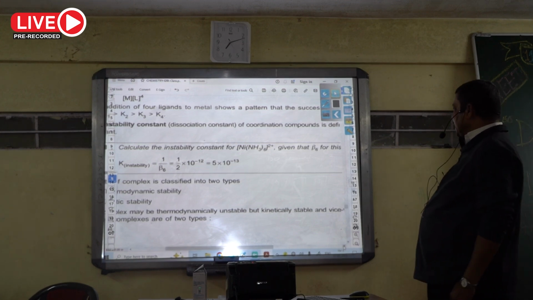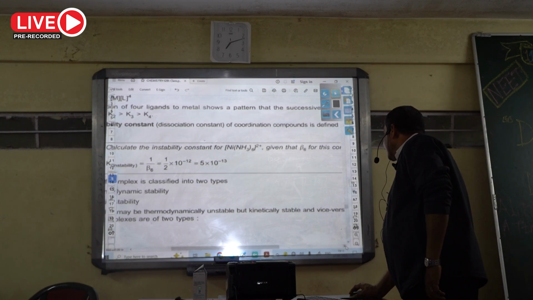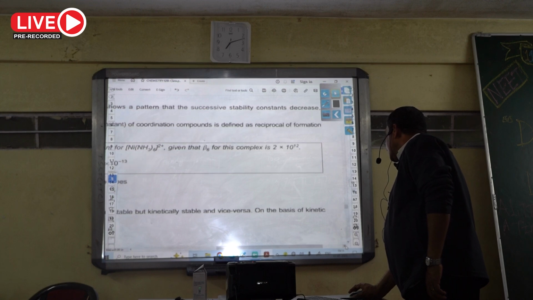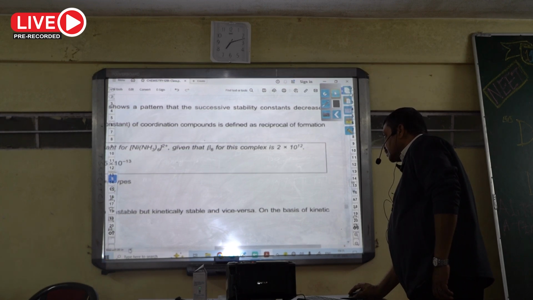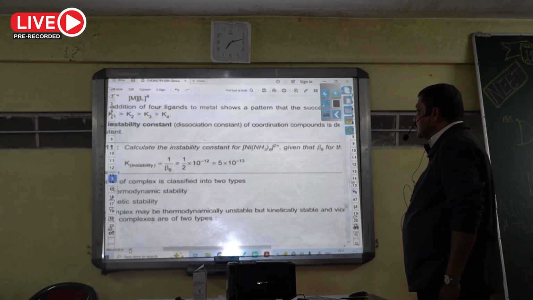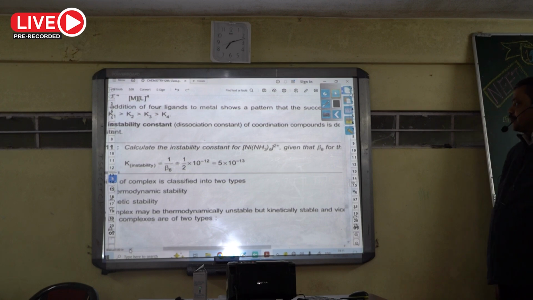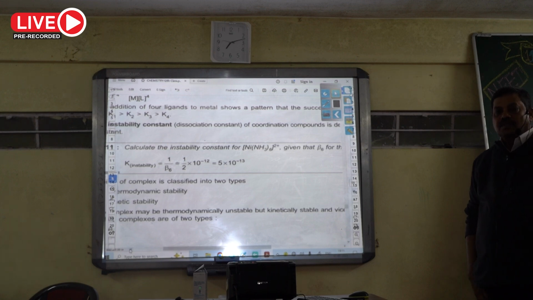Given that beta 6 for this complex is 2 into 10 power 12.